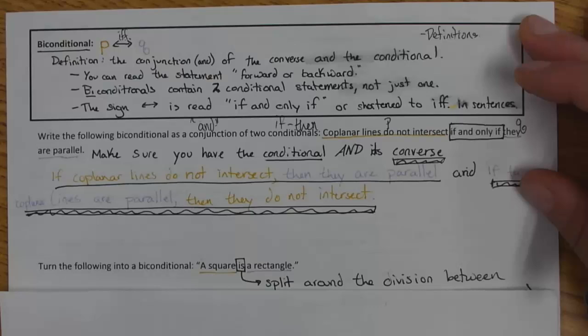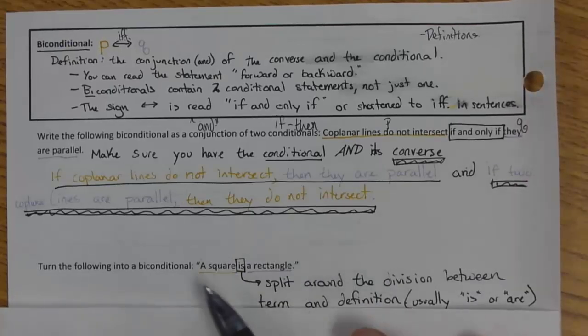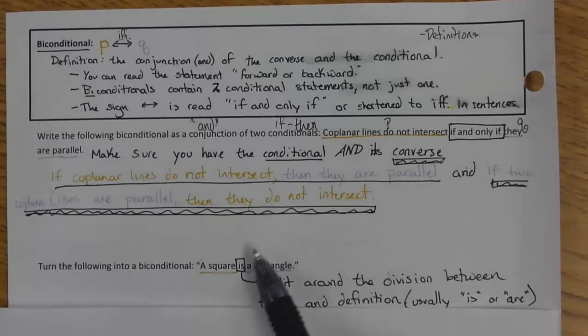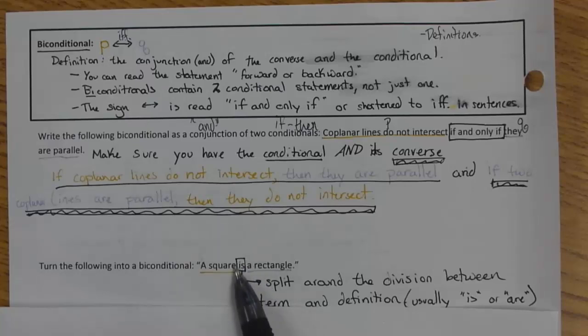So you can also do that with any sort of definition, and don't forget that just because you turn something into a biconditional, it doesn't necessarily mean it's going to be true. So if they give you something like a square is a rectangle and they want you to turn it into a biconditional, find your verb, the thing that connects these objects, and split it there.